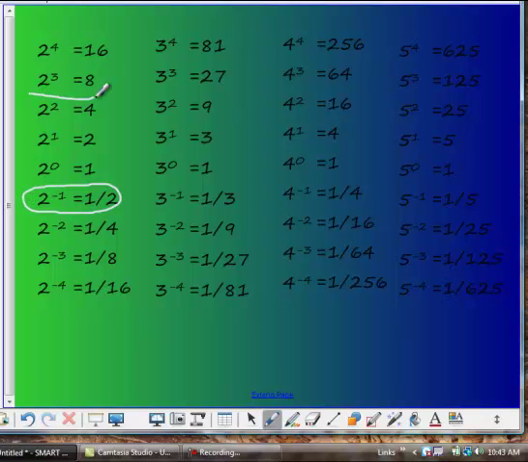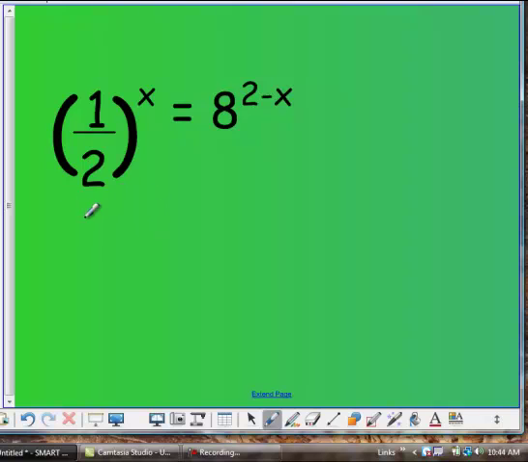And over here is 8. Oh, so the common base is 2. All right, so I'm going to come over here, and this 1/2 I'm going to rewrite as 2 to the negative 1. And I still have my x. And this 8 I'm going to rewrite as 2 to the 3rd.